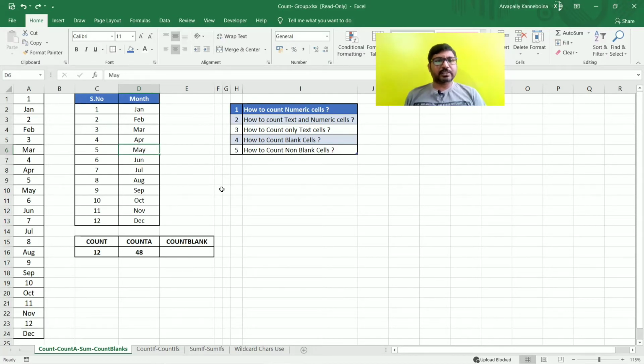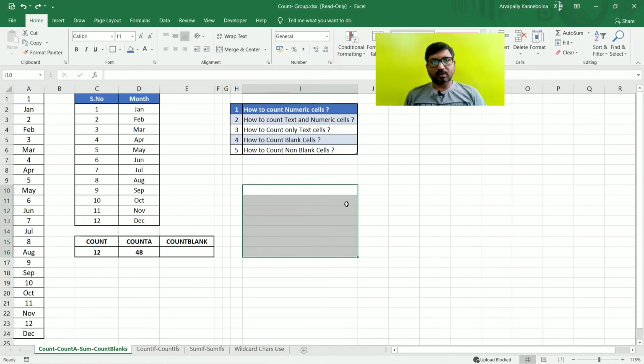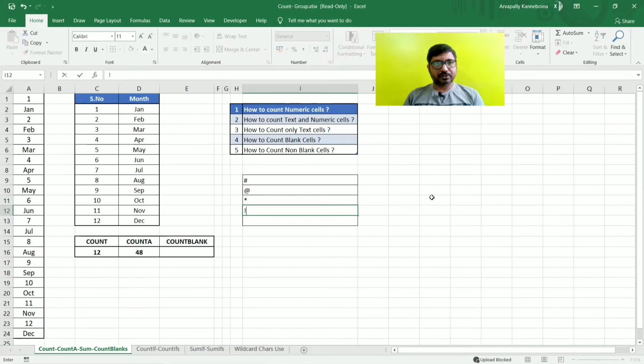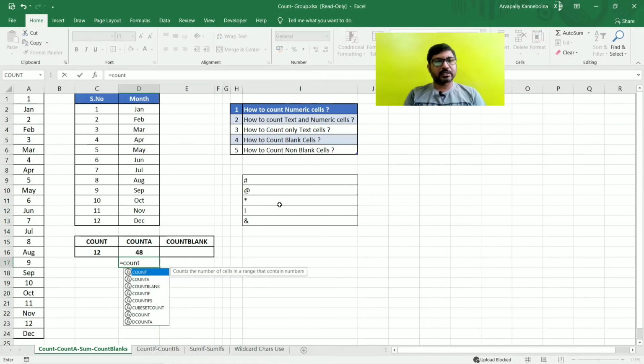Now I want to add some more text over here, special characters, in this range. I'm entering hash, at the rate, star, apostrophe and ampersand. We'll try again: equal sign, COUNTA, select the range.